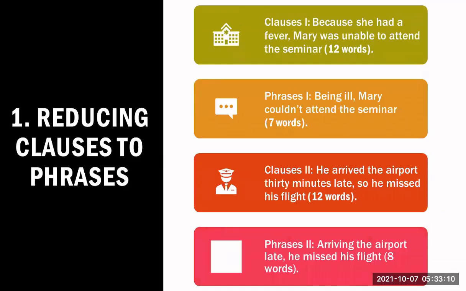The first method is reducing clauses to phrases, all right? And we want to look at some specific examples of how this can be done. Now, let's look at this first example. We call it clause 1.